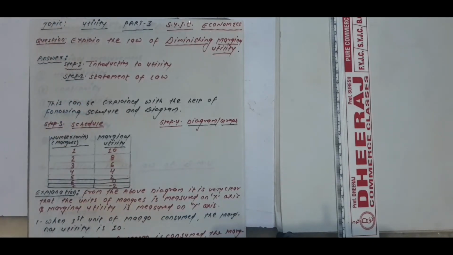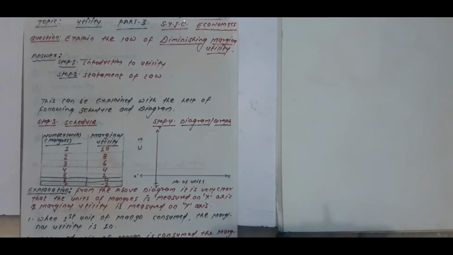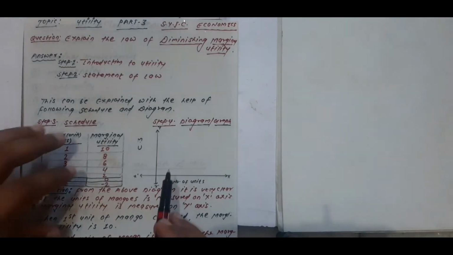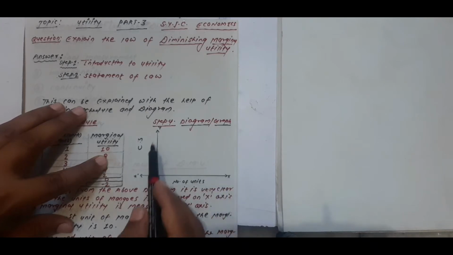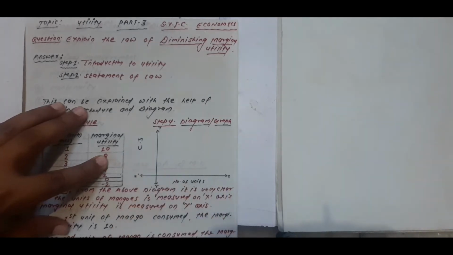So let's see the diagram. This is the x-axis and this one is the y-axis. On the x-axis there is the number of units of mangoes, and on the y-axis there is the marginal utility.